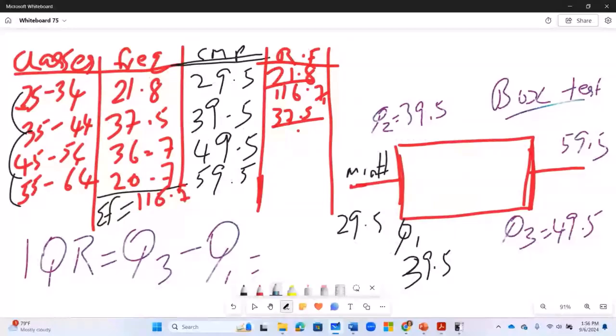Therefore, the IQR, interquartile range, is 10. So the interquartile range is the distance between the box, 10. That's the interquartile range. So see all the questions somebody can ask you, giving you a group data where you don't even know the raw data.